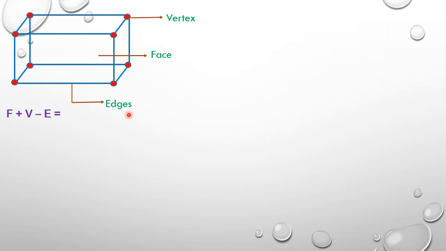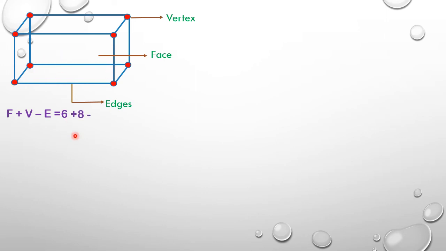Now we are going to find out F plus V minus E. F is the number of faces, V means vertices, and E means edges. How many faces are there in this cuboid? Front, back, left, right, top and bottom, so totally 6 faces. How many vertices are there? 1, 2, 3, 4, then 5, 6, 7, 8.